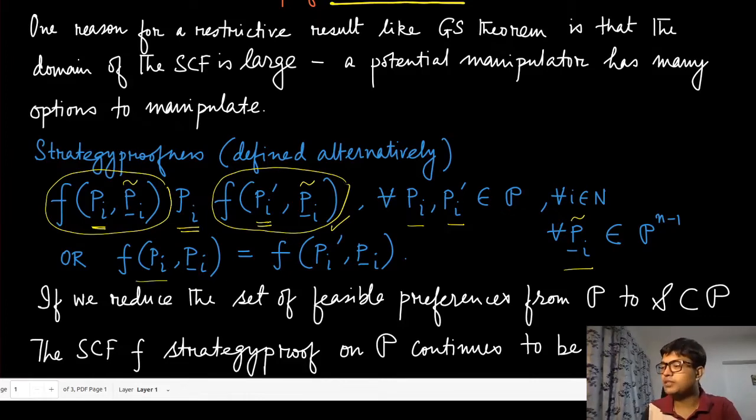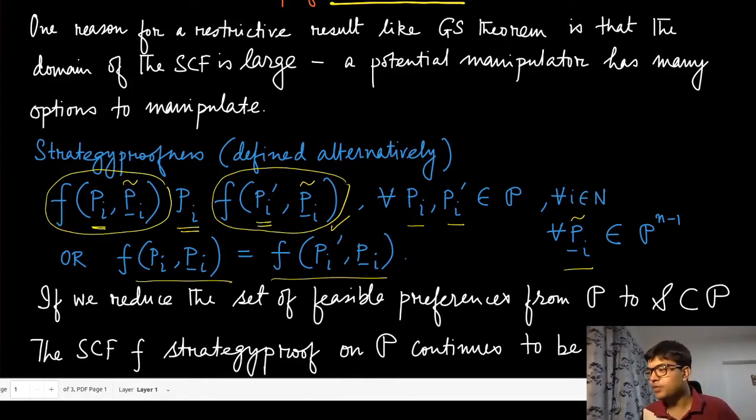If that happens, then you did not change anything, so there is no question of preferring one over the other. Either of these two things can happen, and then we say that this social choice function f is strategy proof.